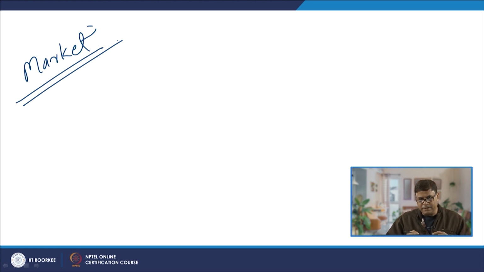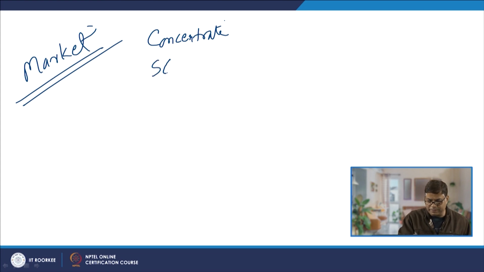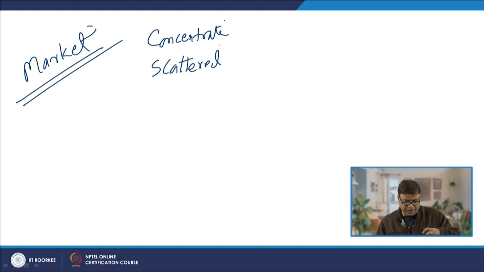What is the nature of the market, like whether the market is concentrated or it is scattered, widely scattered. So, according to the nature of the market, if the market for a particular product for which the plant is to be located is concentrated, then the plant is located near the market.